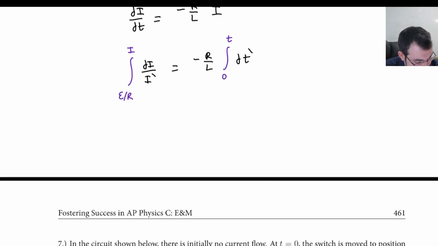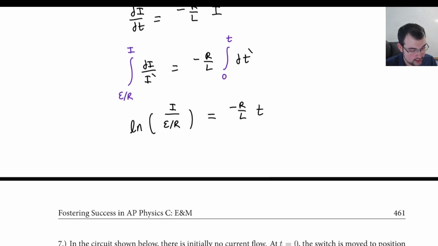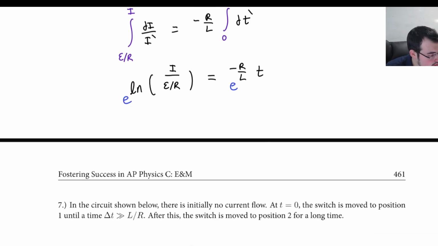Now we do our antiderivative. So it's going to be ln I minus ln epsilon over R. But of course we can condense that using the subtract rule or the quotient rule for logs. And this side just integrates to t. As per usual, we can cancel out an ln because e and ln are inverses.